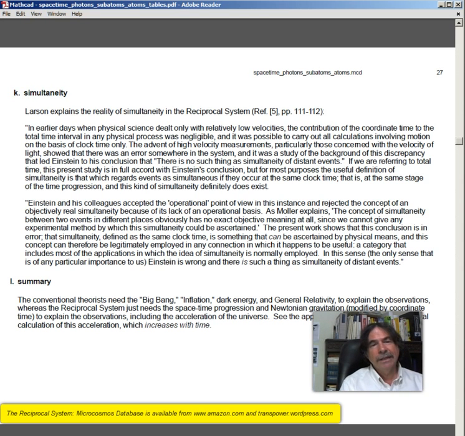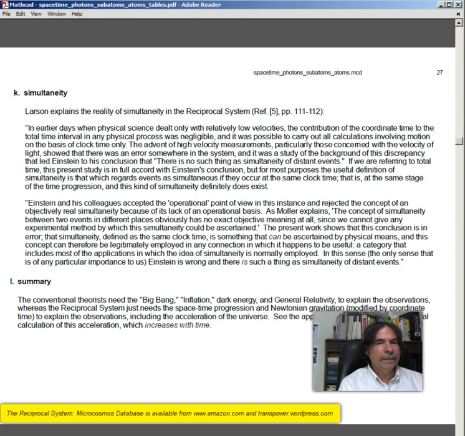The advent of high-velocity measurements, particularly those concerned with the velocity of light, showed that there was an error somewhere in the system, and there was a study of the background of this discrepancy that led Einstein to his conclusion that, quote, there is no such thing as simultaneity of distant events.